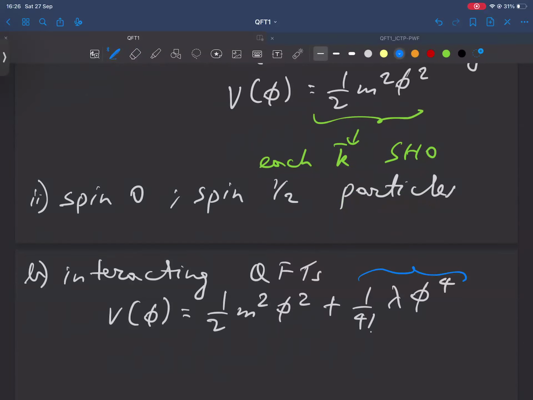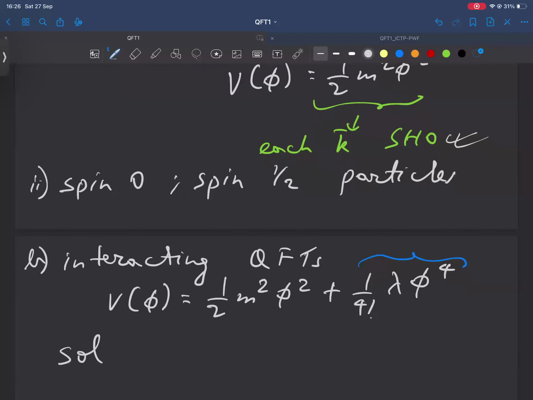So it will not be a free theory, and hence you won't be able to solve the theory. Remember, we were able to solve the theory because each simple harmonic oscillator was decoupled, and we know how to solve a simple harmonic oscillator differential equation. We used that to find the plane wave basis, then we quantized, and everything worked out. But here things will not work out. So how do you solve this then?